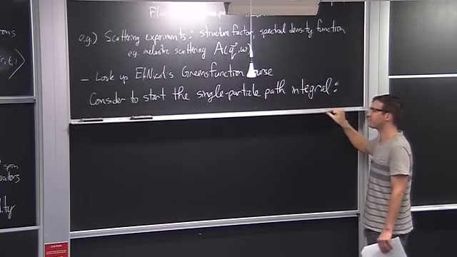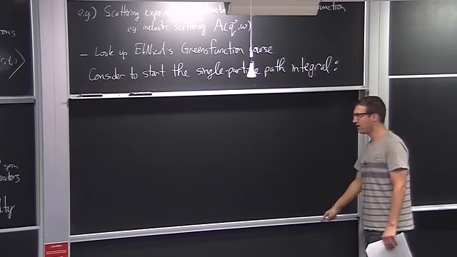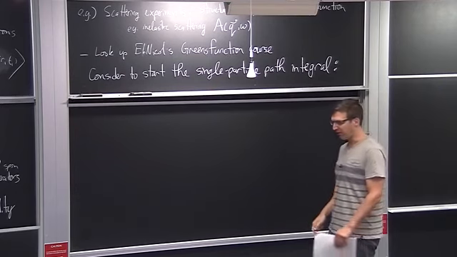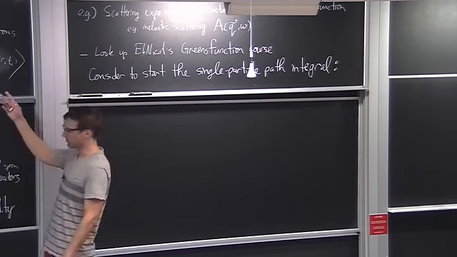There's only one point I want to make with the single particle path integral, and that's when we have time-dependent operators, the correlation functions that we're interested in are time-ordered.